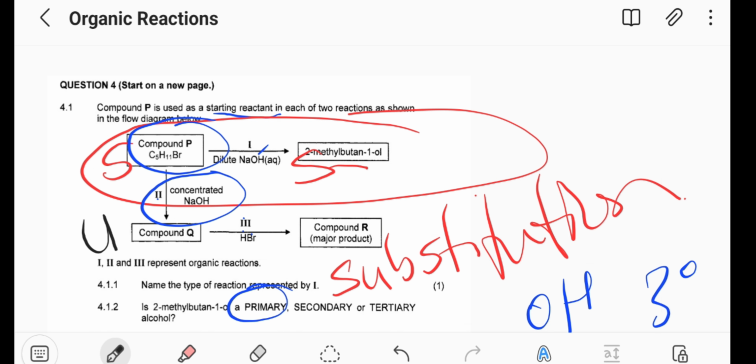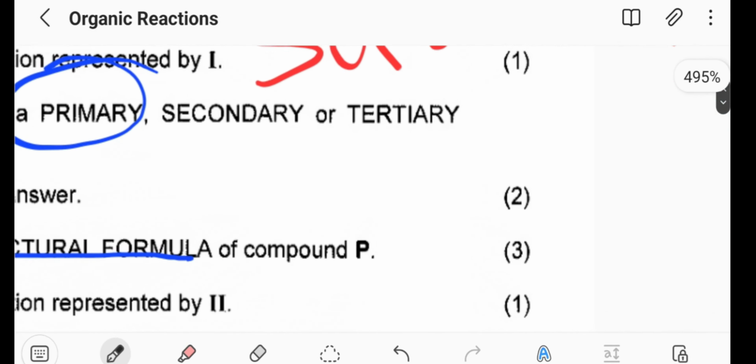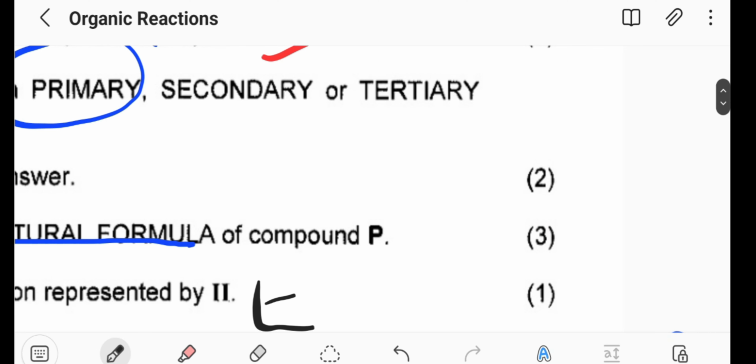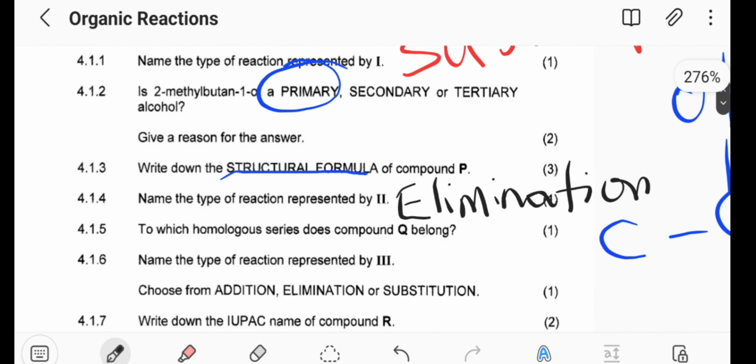We will see the formation of a double bond, an unsaturated product, and it takes us to the answer. So what is that type of reaction? Elimination. So when we name this, we will write elimination here as the solution to this question. Now they say, to which homologous series does compound Q belong?